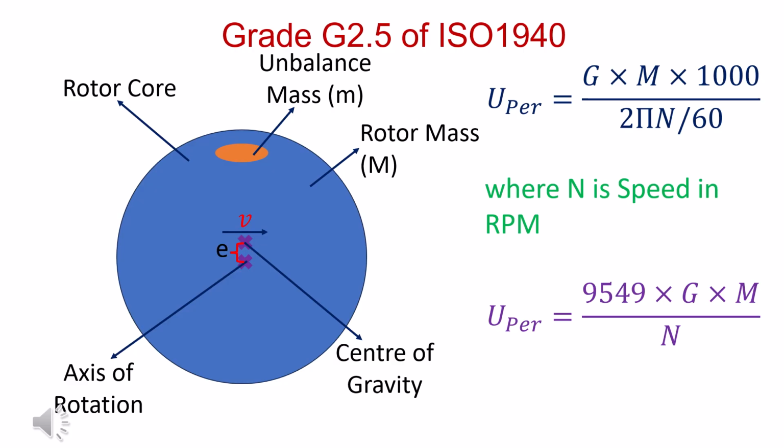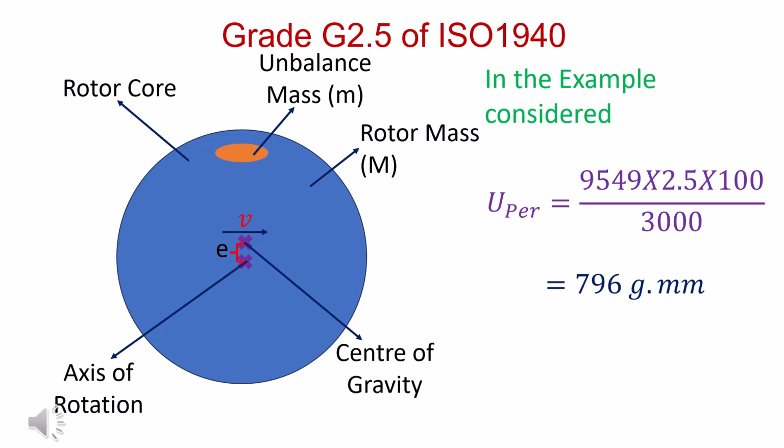Permissible unbalance is equal to G into capital M into 1000 divided by 2 pi N by 60, where N is speed in rpm, or permissible unbalance is equal to 9549 into G into M divided by capital N.